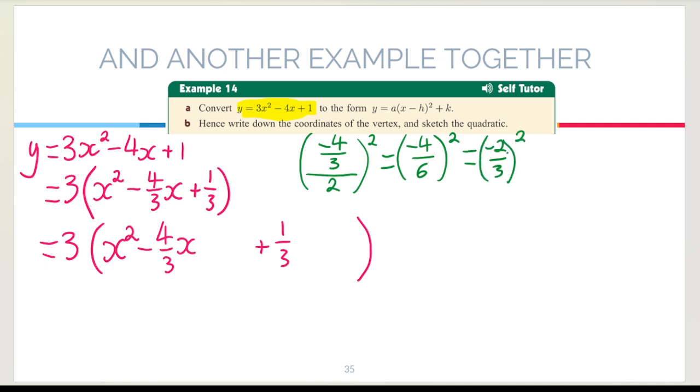We're going to leave it as this -2 on 3 because that's going to contribute to us knowing what our actual perfect square factor is going to look like. So we're going to add that (-2 on 3) squared, and then we're going to take away (-2 on 3) squared over here.